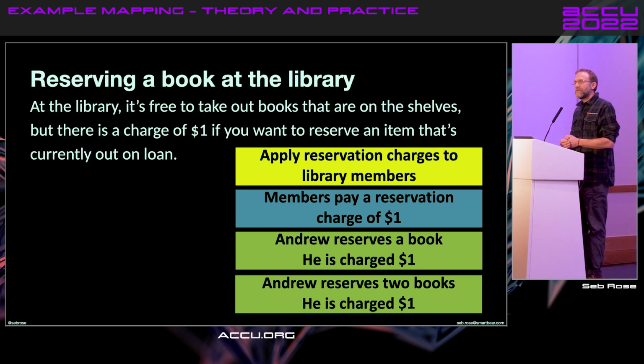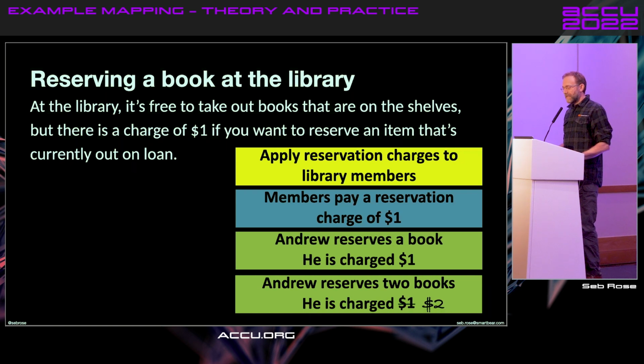So the product owner looks at that and goes, no, actually, I had intended that if you reserved 2 books, you would be charged $2. Seems straightforward. And the tester points out, well, that's not what your rule says. Your rule just says members pay a reservation charge of $1, at which point we refine the rule.